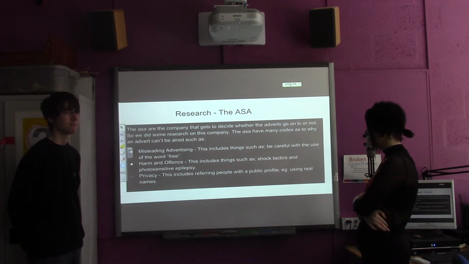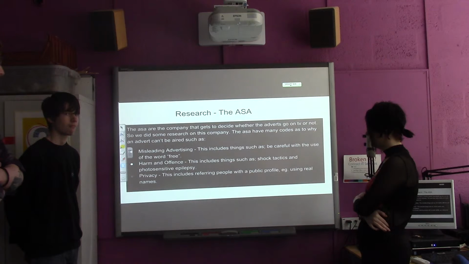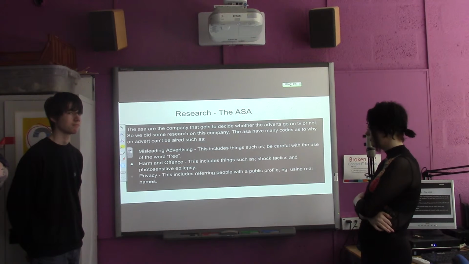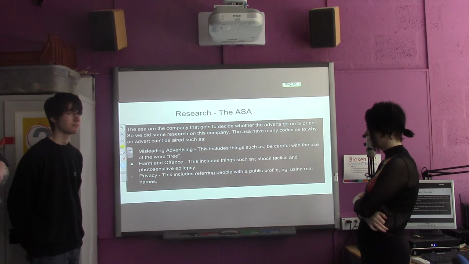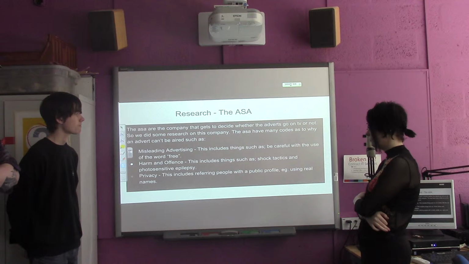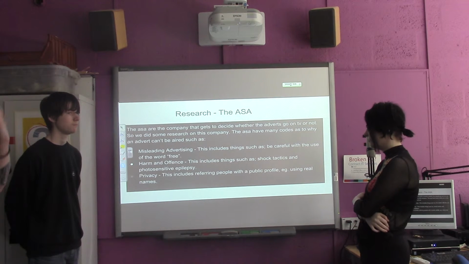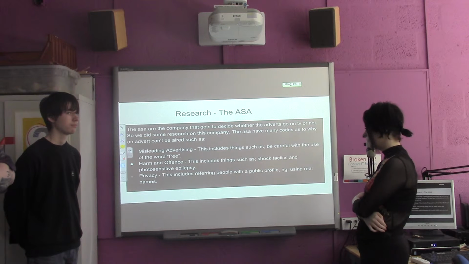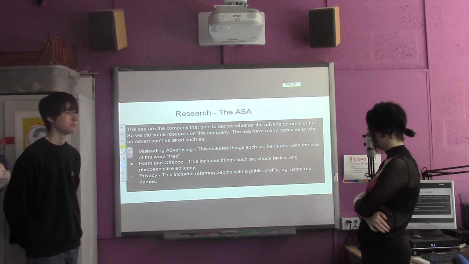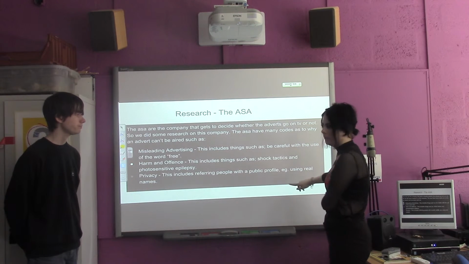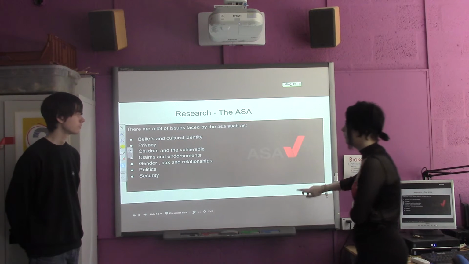This includes things such as being careful with use of the word free; harm and offence, which includes things such as shock tactics and photosensitive epilepsy; and also privacy. This includes referring to people with a public profile, e.g. using real names. So in ours we're going to make sure we don't do these things.